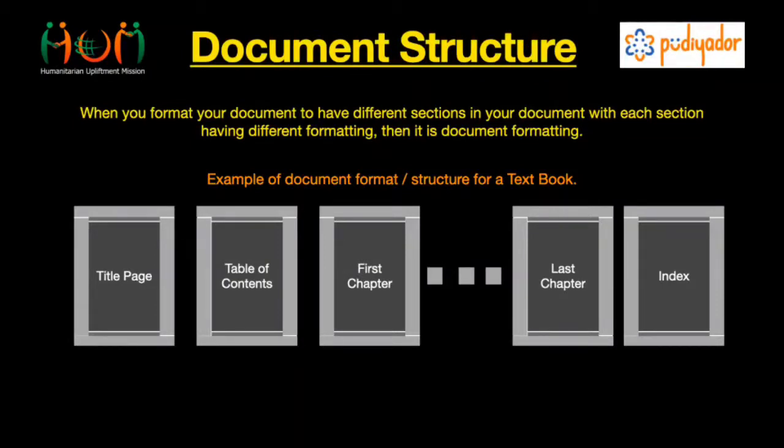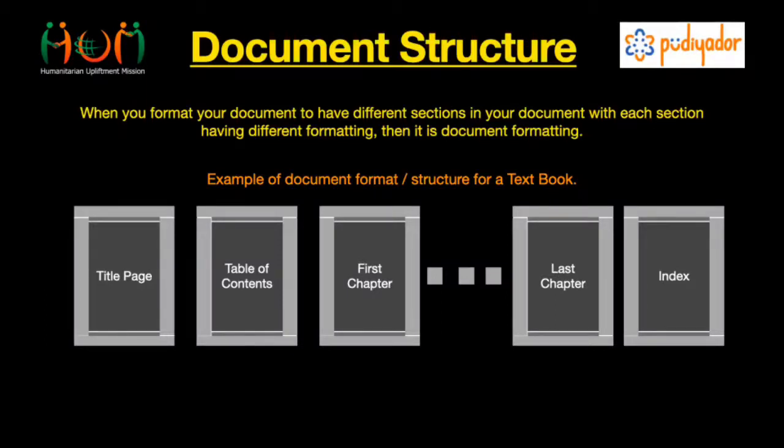different kinds of pages. You can have structure where you can have a title page, you can have a last page, right? And if it is a textbook, you can have a table of contents. You can have an index at the end of the textbook which lists out all important words and where those words are found, on which page number. You can have a first chapter, you can have a last chapter.